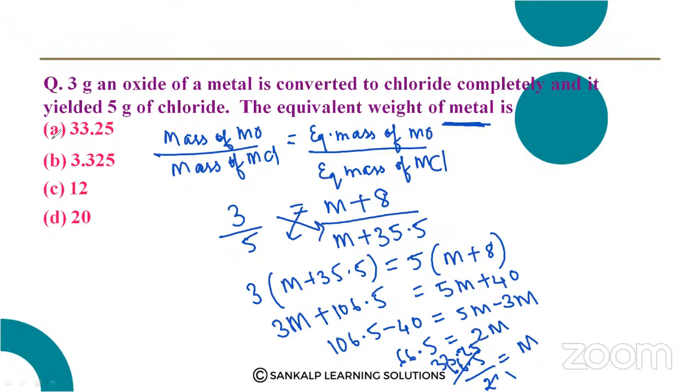So this is the equivalent weight of the metal. This is the method of solving gram equivalent questions. Here the oxide has been converted to chloride, so you use this particular formula and solve. The correct answer is 33.25. So we will go for the next question.